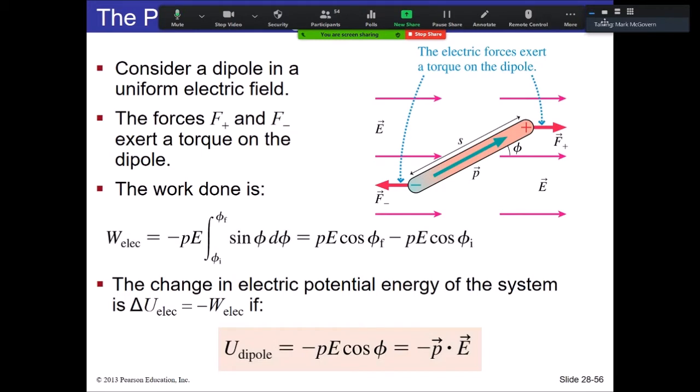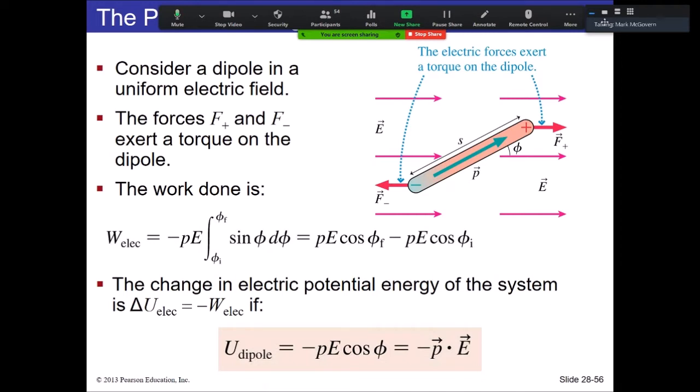In the presence of an external electric field, a dipole will experience a torque if there is an angle between the electric field and the dipole moment vector. Remember, the dipole moment vector points from the negative to the positive charge in the dipole, and has a magnitude equal to Q times S, where Q is the magnitude of the charges.